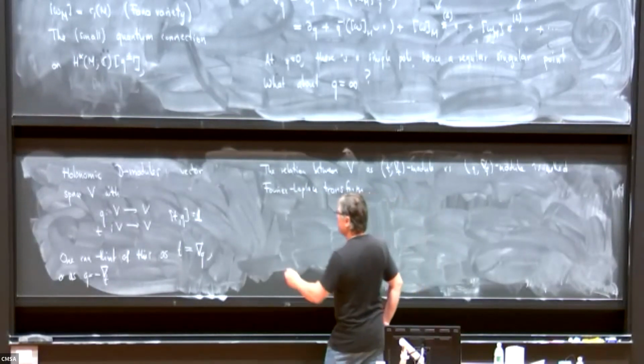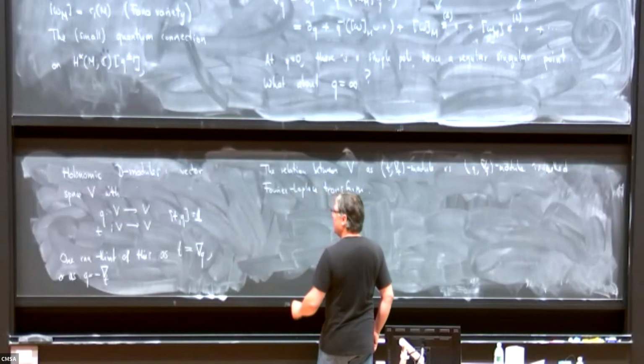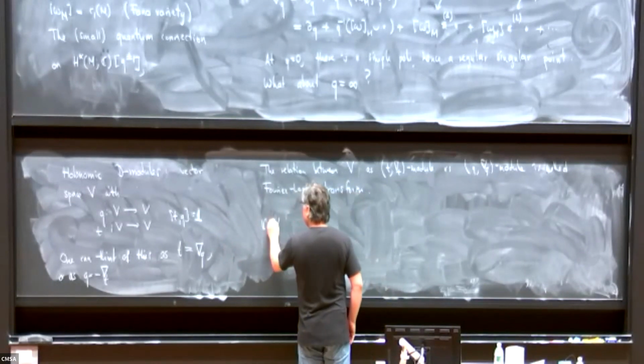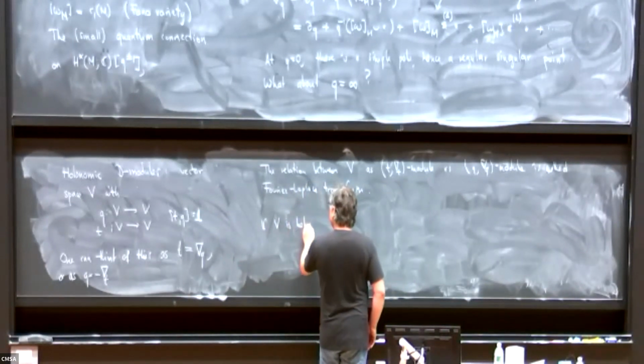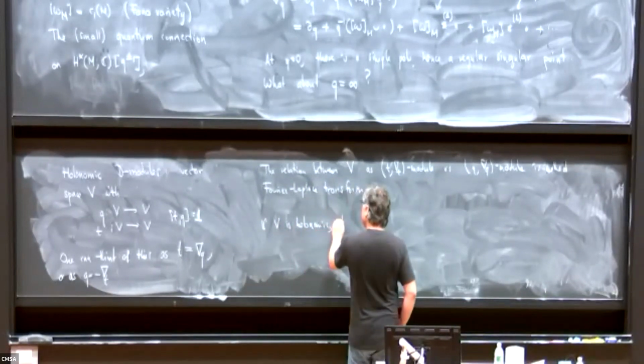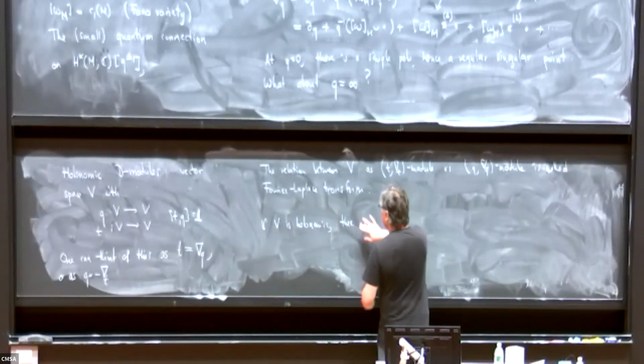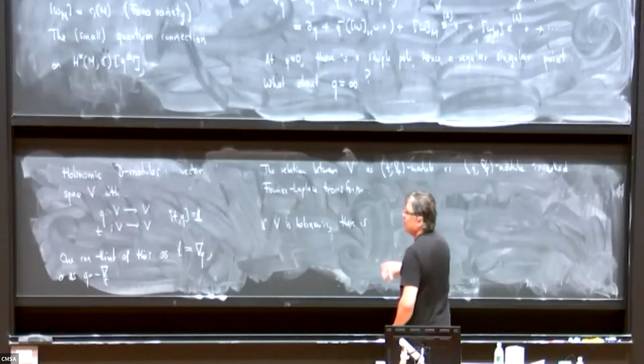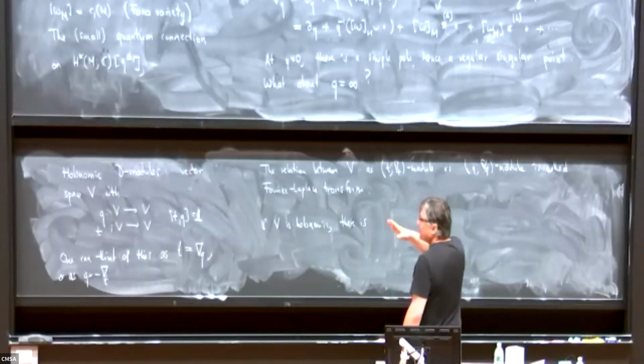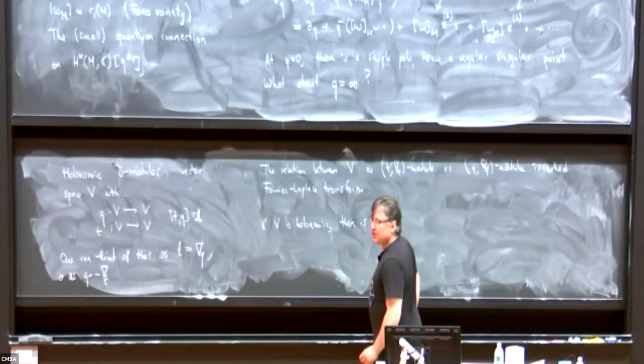So I should say one thing about holonomic D modules. So D is holonomic. Essentially, if you look at it, let's say in the T variable, then away from finitely many T values, it is actually a vector bundle with a connection.